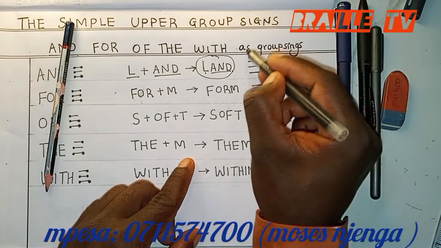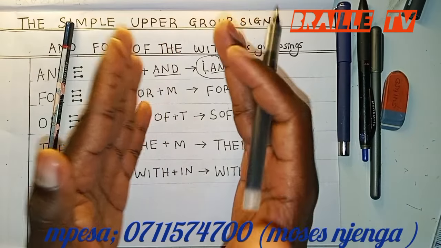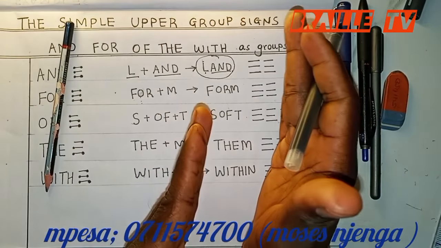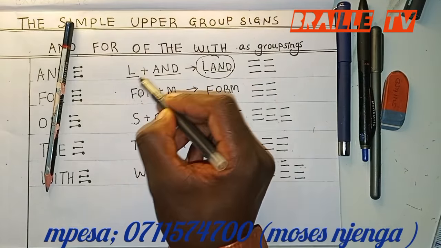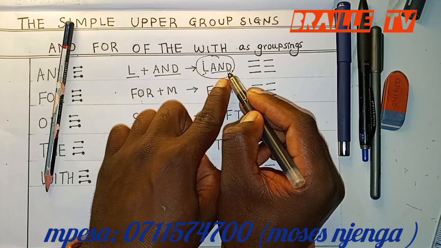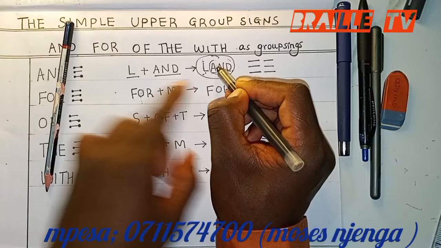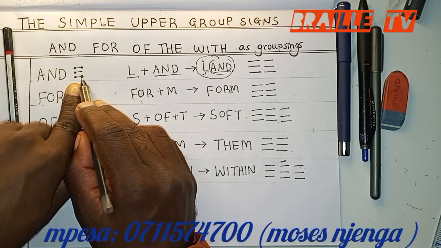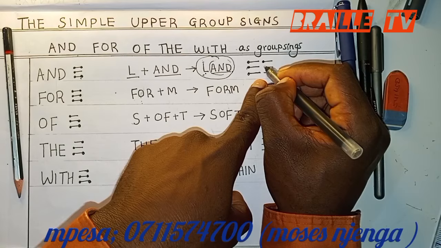Remember, from the term group, group means bringing two or more things together to form something. So in this case, and and L you bring together to form the word land. So in Braille, you just contract and, using these dots. Here you write letter L and then you contract and.